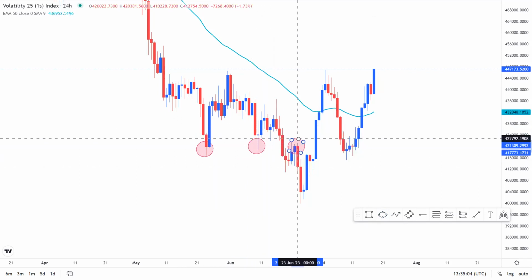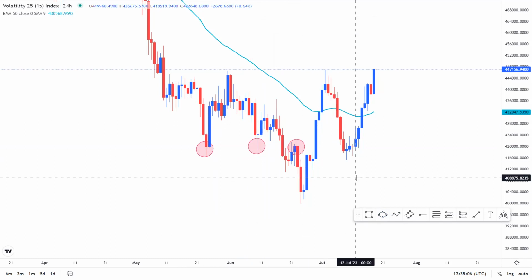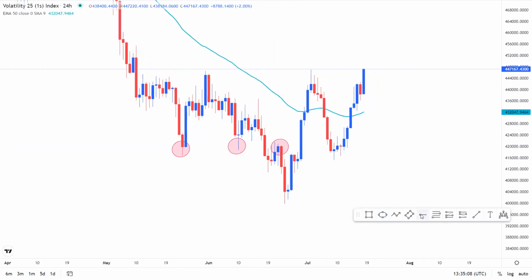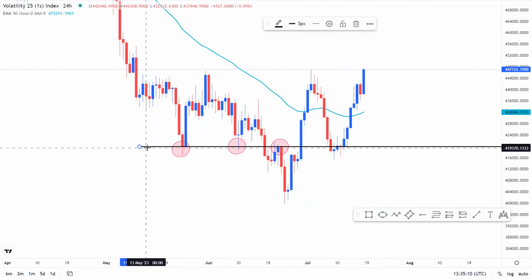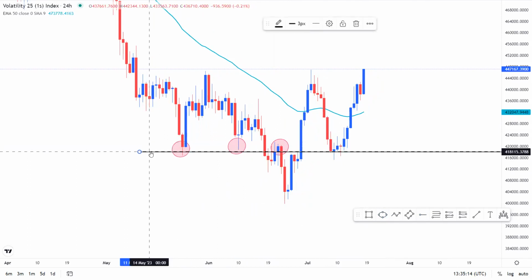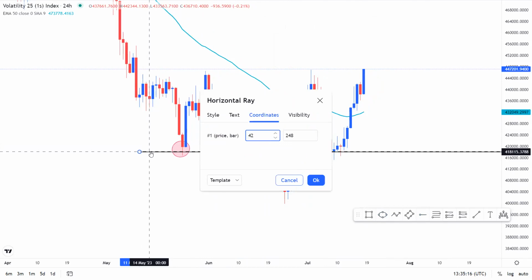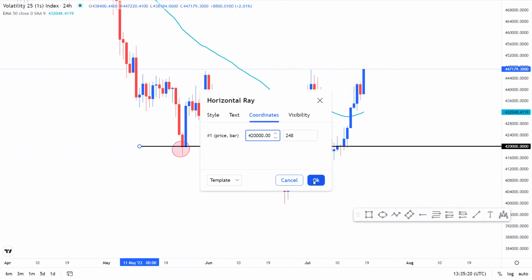Right at the level also, we previously saw price react on several occasions upon reaching the very level. Then we had a psychological round number present at the level.